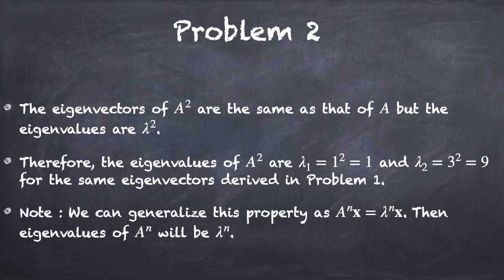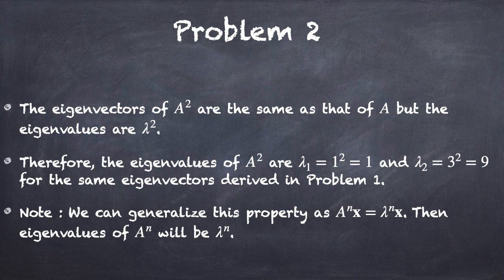So eigenvectors of A squared are the same as those of A, but eigenvalues are lambda squared. The eigenvectors did not change. In the earlier case it was x, and in this case it's again x, but the eigenvalues are now squared because of A squared.